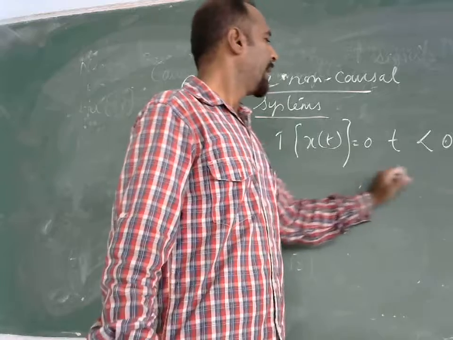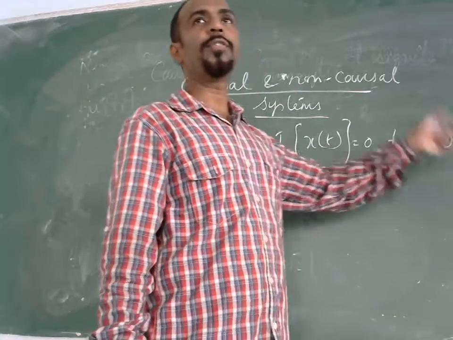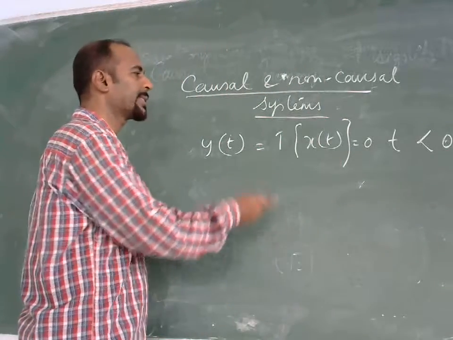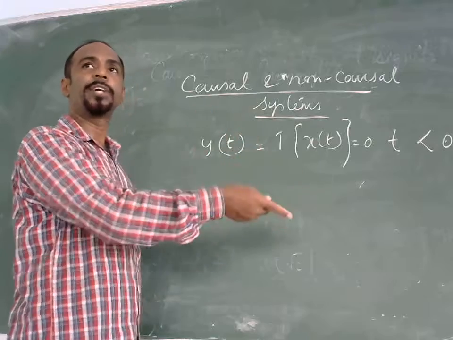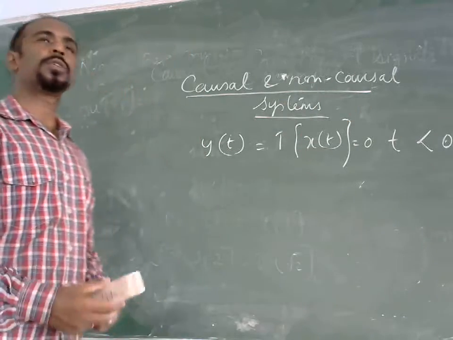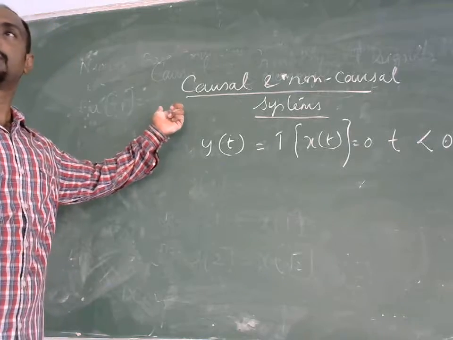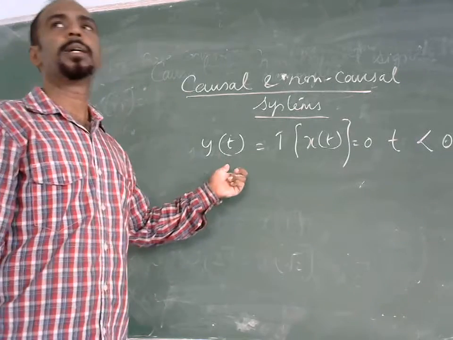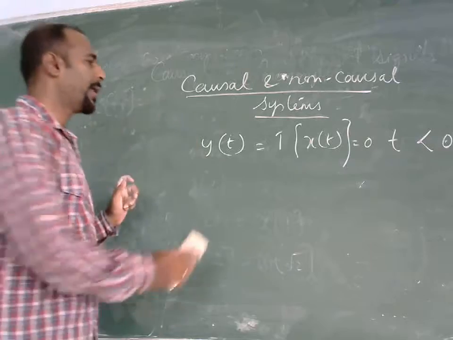That means it should not exist for negative values of t. Otherwise, if it exists for negative values of t, then it is a non-causal system. So the same understanding from the signals, we are extending to the system also.